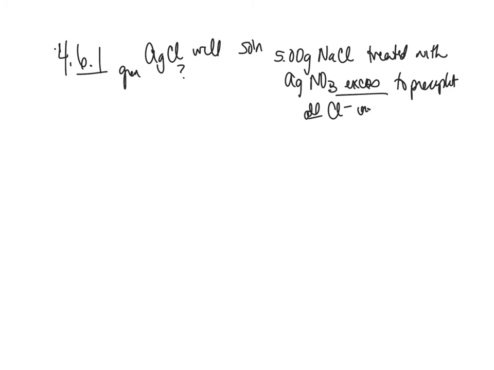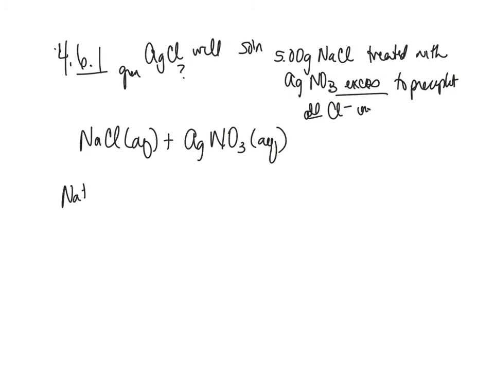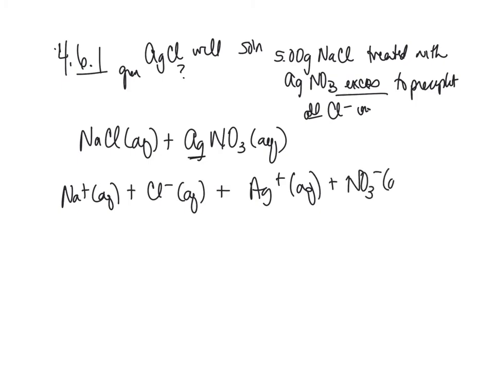So you have sodium chloride, aqueous, plus silver nitrate, aqueous. Those are soluble, folks. Sodium is always soluble. You need to know your solubility rules. Chloride is always soluble unless it's with 3 of them, and silver is one of those. Silver is always +1, and nitrate is always going to be soluble.